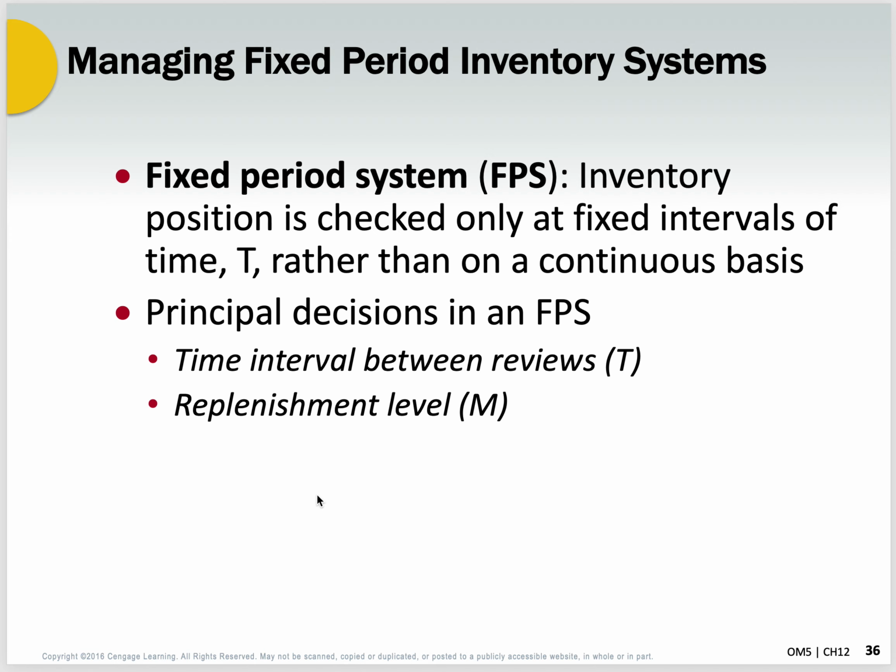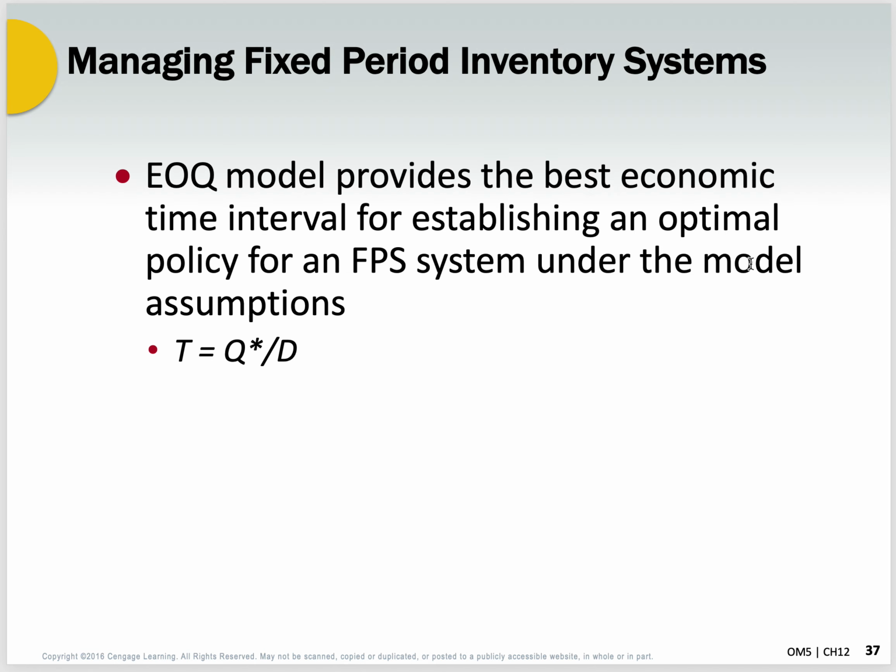So, fixed period system inventory. What's the time interval between reviews, and what's the replenishment level that you have? Inventory position is checked only at fixed intervals of time rather than on a continuous basis. The EOQ provides the best economic time interval for establishing an optimal policy in this fixed period.